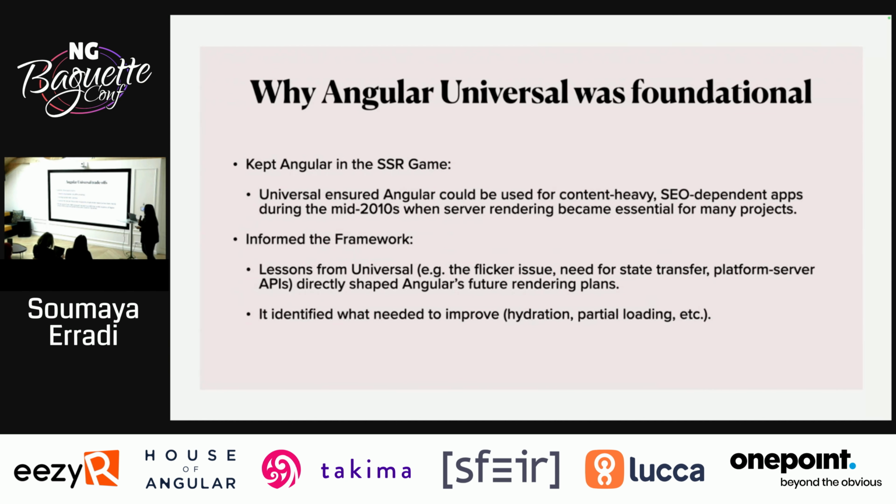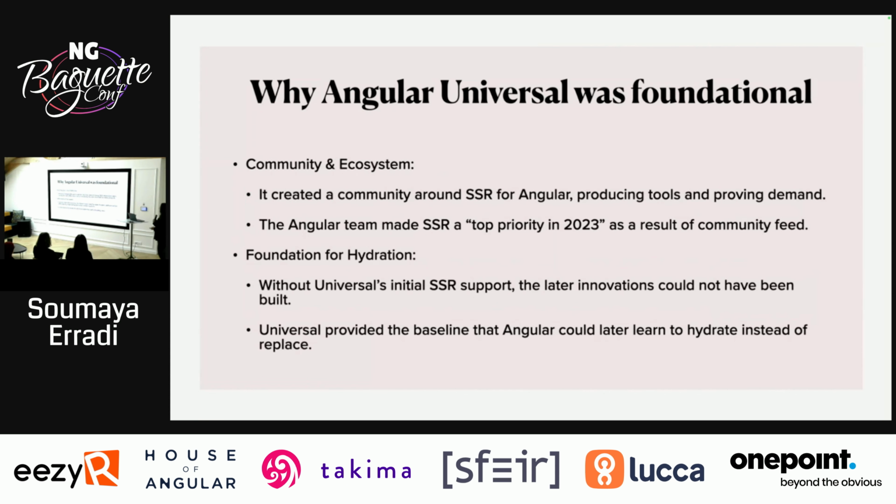but it was also really important, because it kept Angular in the game of SSR. Angular Universal showed Angular what the problems of SSR were, and when they had to improve these problems, they knew what the issues were, and it defined what to improve, like hydration, partial loading, and all the stuff that we are going to talk about in a bit.